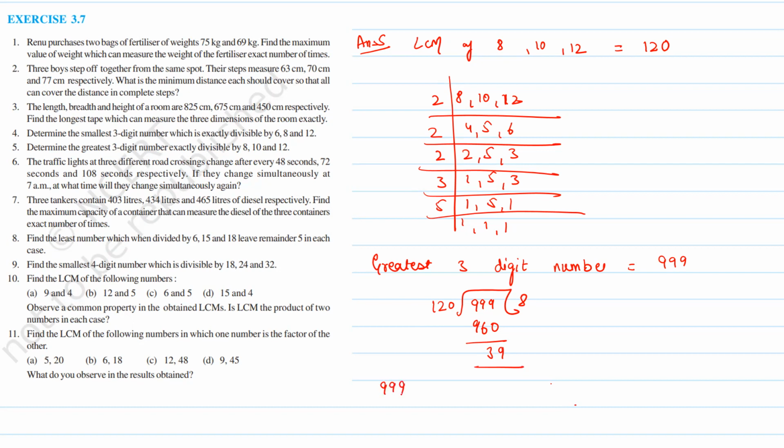Now you have to find the greatest 3-digit number, so you will just do 999 minus 39, which is 960. For the greatest one, you will just do the number minus remainder, and for the smallest one, you will add the LCM. Okay. So 960 is the answer.